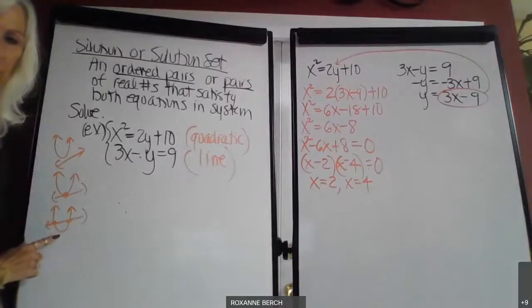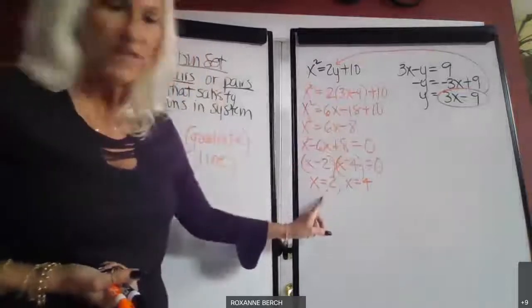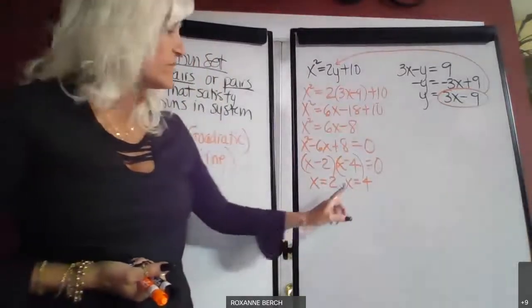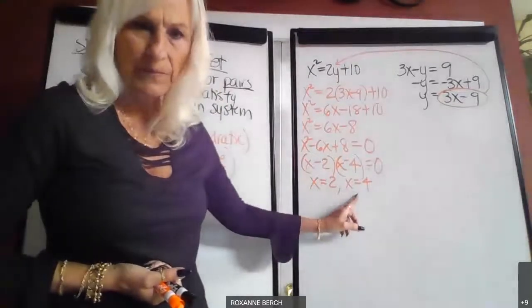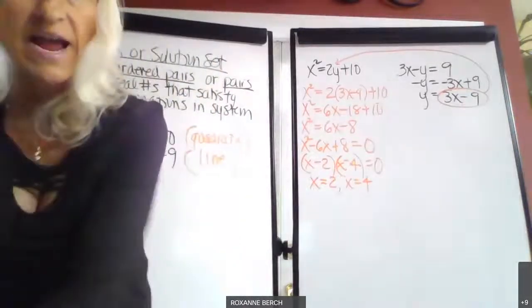So you know what that means, right? You have this situation, and you're going to have to find the y that goes with him, and you're going to have to find the y that goes with him. So you're going to find 2 ordered pairs. So here we go.